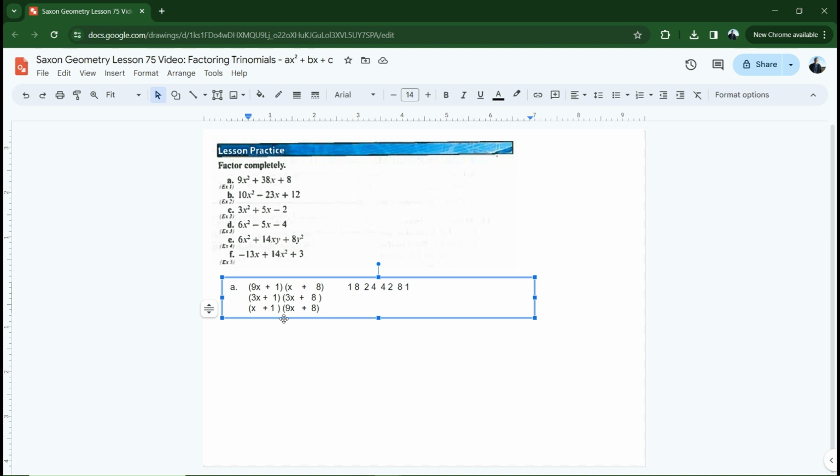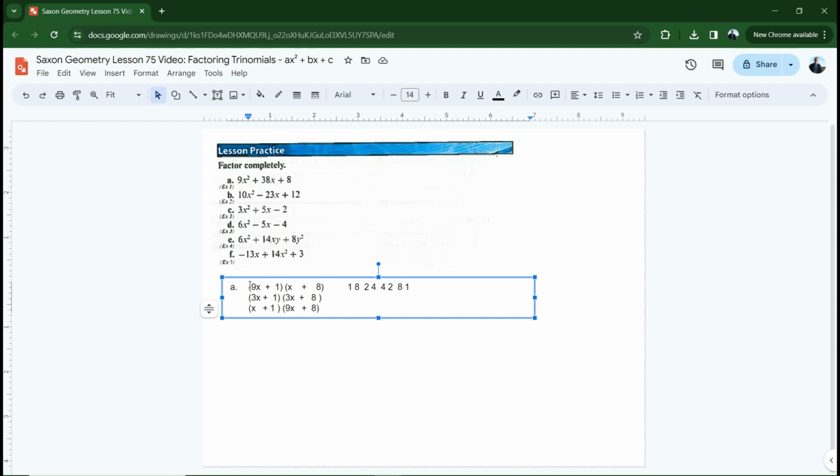That's how I started. And then I plugged in my first set of factors to all three alternatives. I don't think I'm going to come up with anything from these three alternatives because this last one is going to give me 9x squared plus 8x plus 9x. It's only 17x in the middle plus 8. So none of these correctly gives me this trinomial.